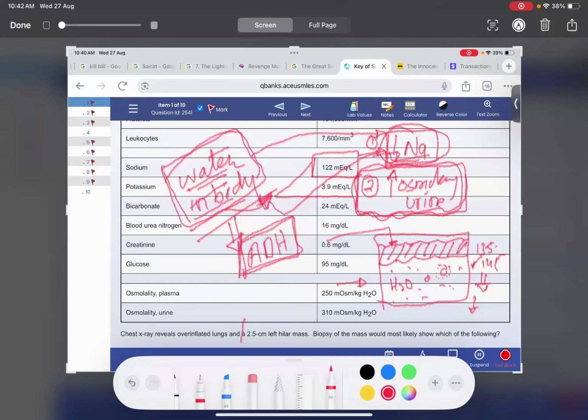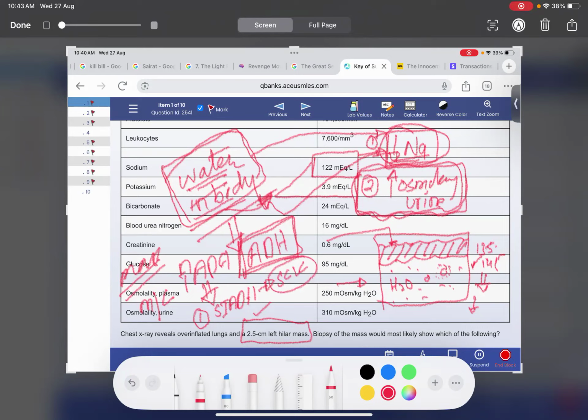So if we take a biopsy of this mass, what is the most common cause of increased ADH in paraneoplastic syndromes? SIADH, the syndrome of inappropriate ADH. This is ectopically secreted in which lung malignancy? Small cell lung carcinoma. Perfect. So it is released in small cell lung carcinoma. You have got the point.